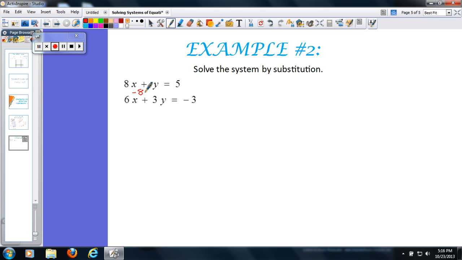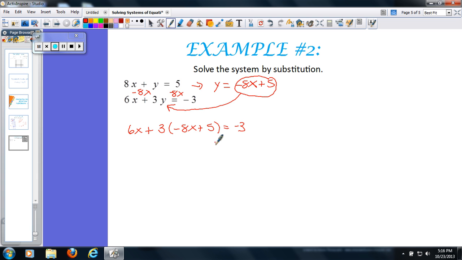So I'm going to subtract 8x from both sides. That's going to give me y equals negative 8x plus 5. Well, now I have this, which I can plug in for y here. So I've got 6x plus 3 times (negative 8x plus 5) equals negative 3.